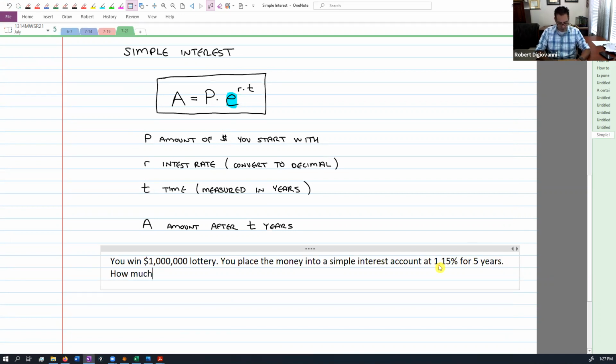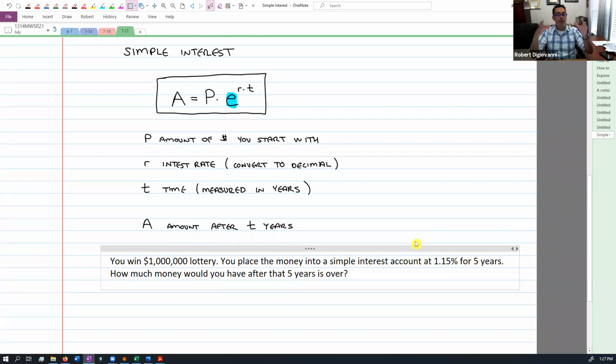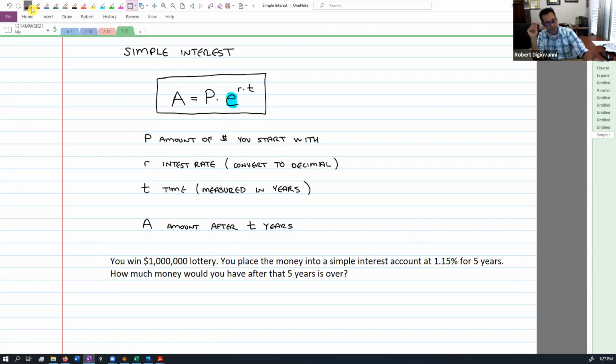How much money would you have after that 5 years is over? So you're going to put the money into the account for 5 years. The bank is going to pay an interest rate of 1.15%. I want to know how much money you'll have at the end of that 5 years. So here we go. You ready?